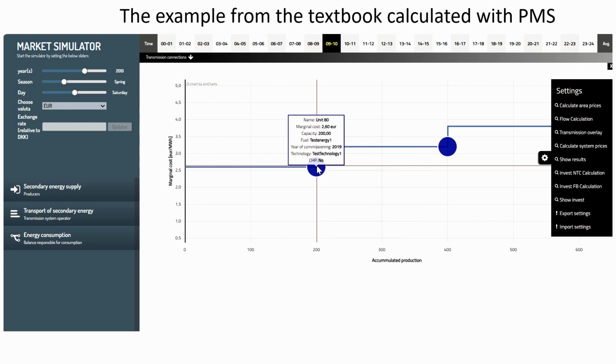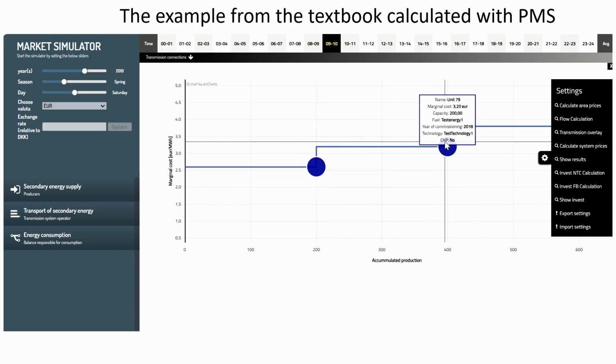And when the production is 200 megawatt, the marginal cost here you can see is 2.6 euros. And this unit here also has a capacity of 200 megawatt. And when we have a total production capacity of 400 megawatt, the marginal cost will be 3.5, which is the same as in the textbook.